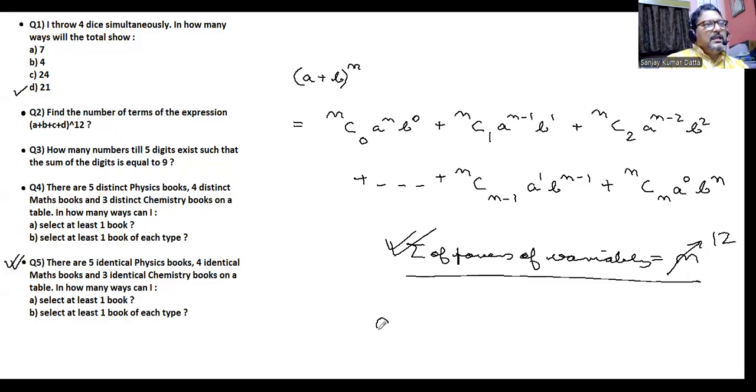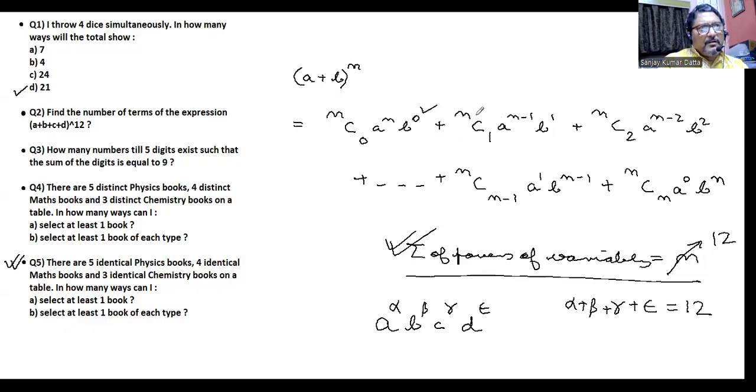So, a to the power alpha, b to the power beta, c to the power gamma, and d to the power epsilon, say suppose, are the variables of each term. Then remember one thing, that alpha plus beta plus gamma plus epsilon must be equal to 12. And if you notice here, the powers can also be 0. See, B has been 0, A also has been 0. Moral of the story, alpha, beta, gamma, and epsilon can also be 0.